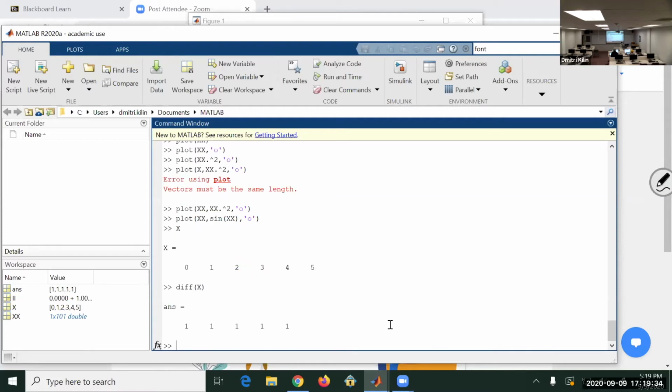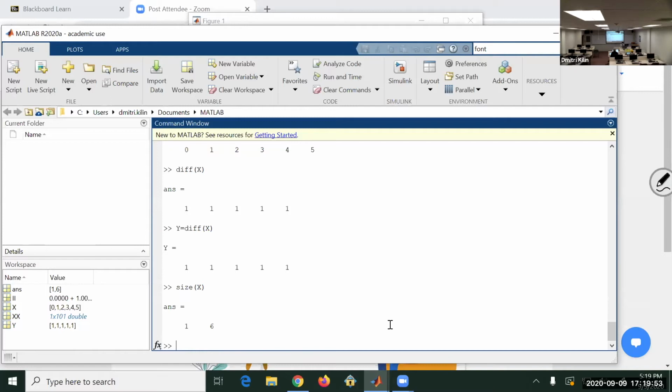So the number of ones is less. Right? If I type y equals diff(x), then I type size x, it's a matrix of 1 by 6, a vector with 6 elements. If I type size y, it will be 5.